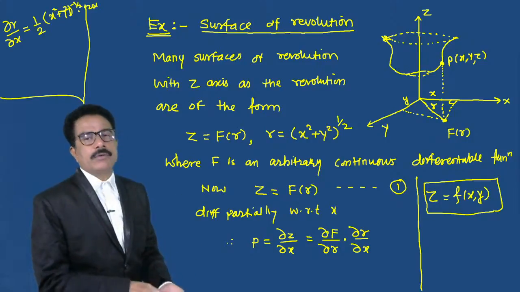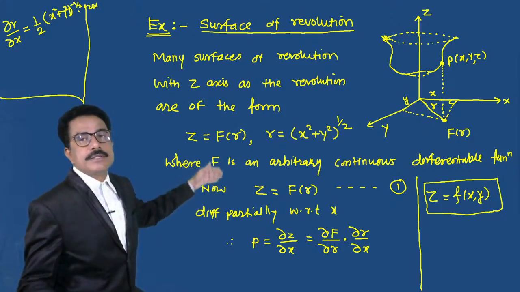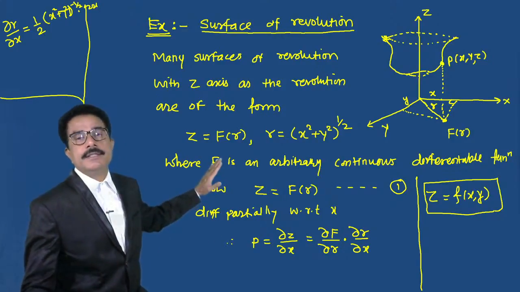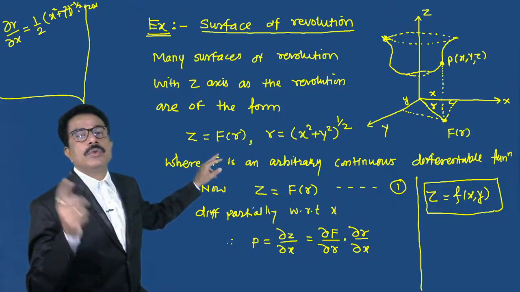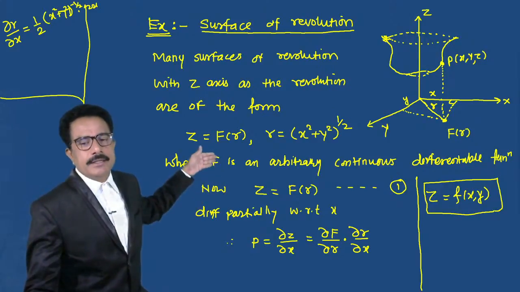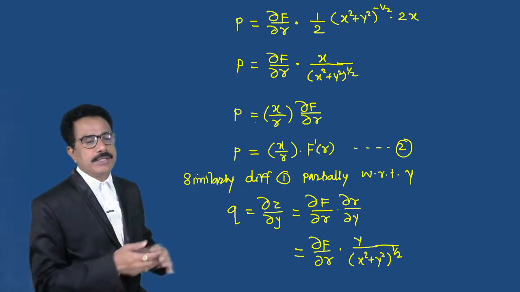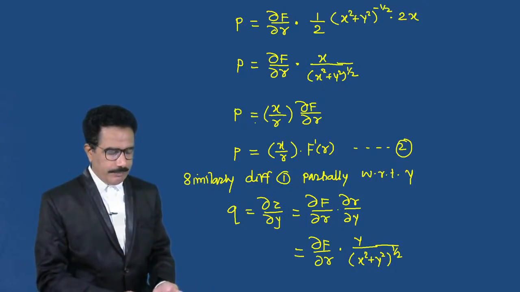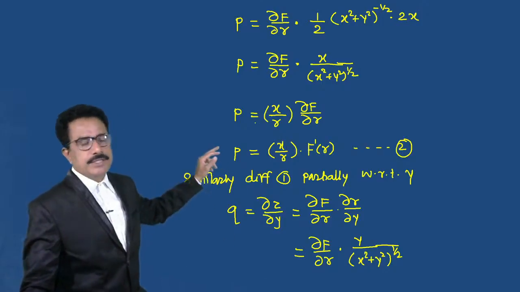And yesterday we have seen the process to obtain the partial differential equation which satisfies the surface generated due to the revolution of a curve. Yesterday, in the last lecture, we discussed how to find out the partial differential equation which satisfies the surface generated by revolution.